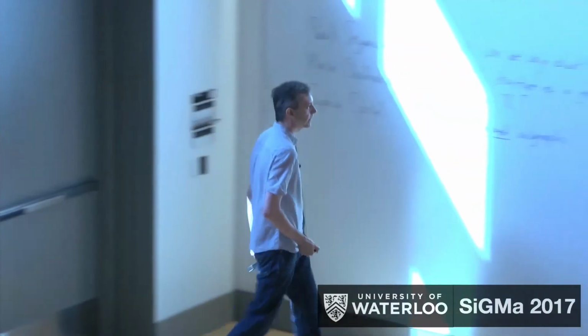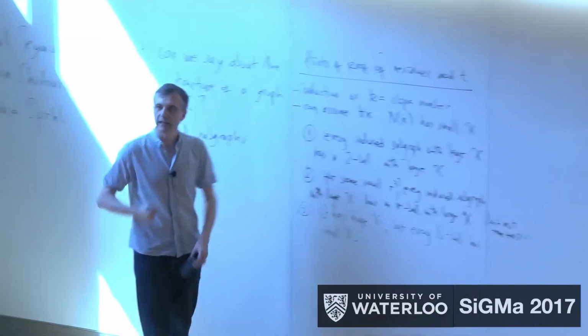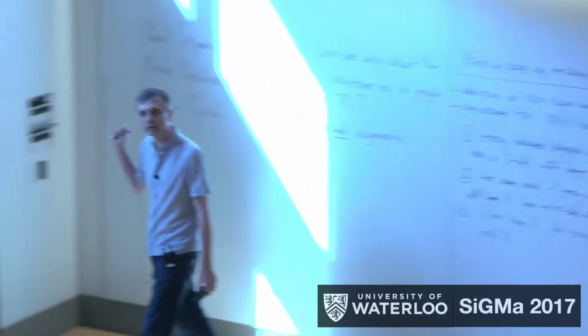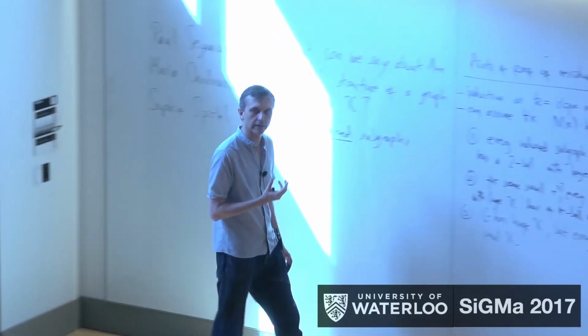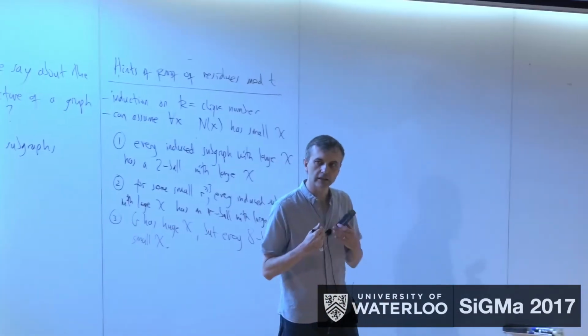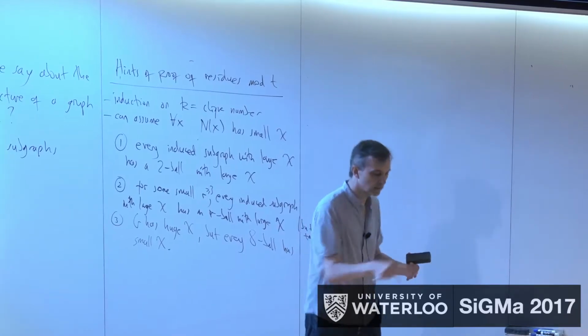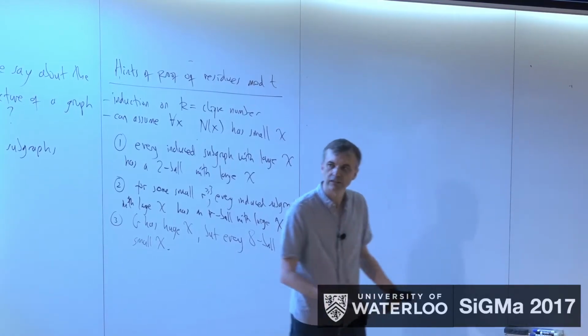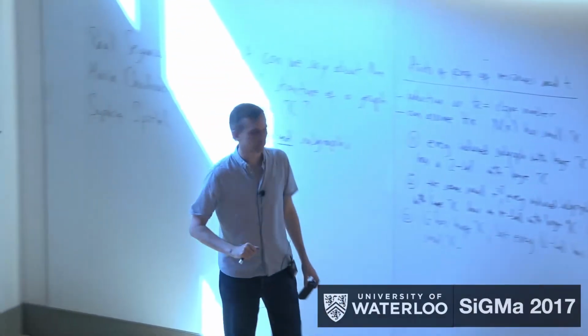Okay, so why? So in the previous argument we just said, is there a two-ball with large chi? If there is a two-ball with large chromatic number, then we win. Okay, but that's not going to be enough for us now because it's going to be a multi-step argument and we'll take a two-ball with large chi, okay, but then inside that large chi we'll look for something else and then we'll want the same thing to be true again and there's going to be some iteration.